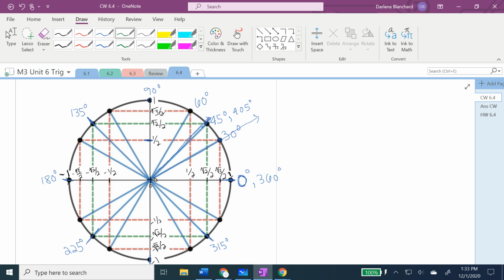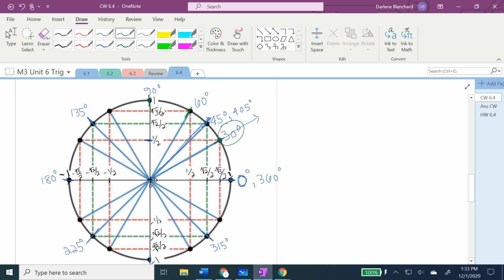Now, the other way that these are cut is they are cut by 30-degree angles, and we're going to add 30 over and over again. Here we go. 30 plus 30 again plus 30 again.